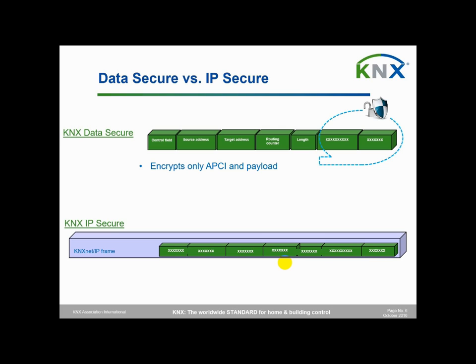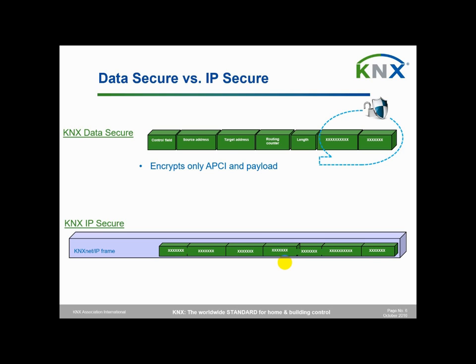In KNX Data Secure, only a part of the telegram will be encrypted. It's the APCI, the application protocol control information. It's actually an identifier for a service like memory write, memory read, group value write, group value read.